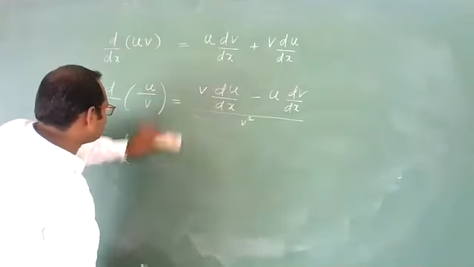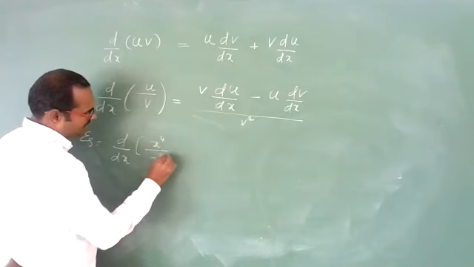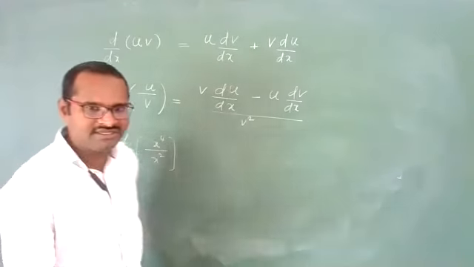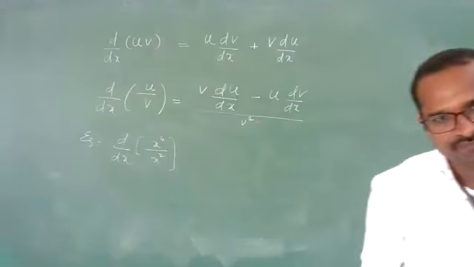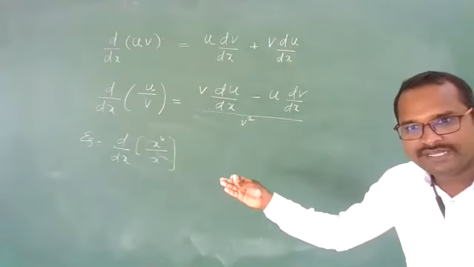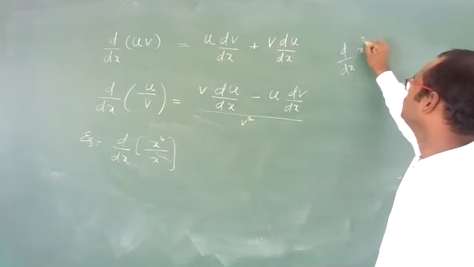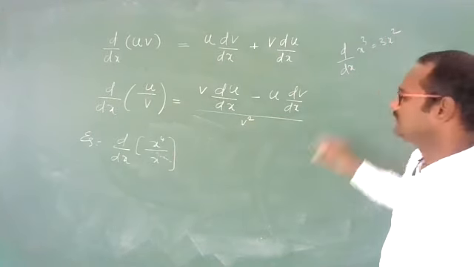Now this x cube I want, I am writing as x power 4 divided by x. You can write it in any format. x power 4 divided by x, you will get x cube again. Yes, I know this: d by dx of x cube is 3x square. This is x cube only.